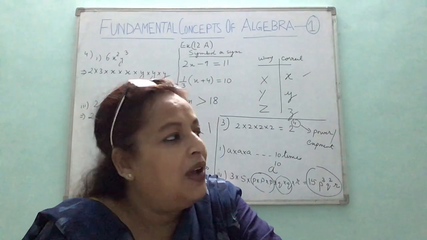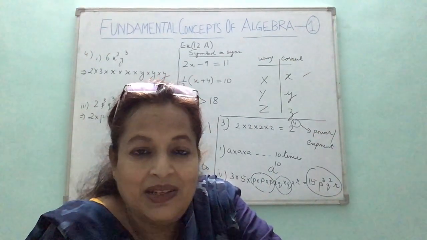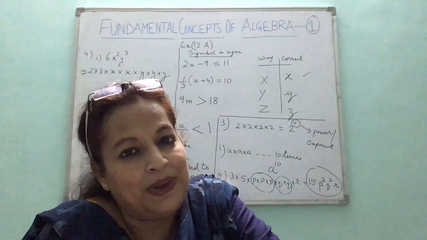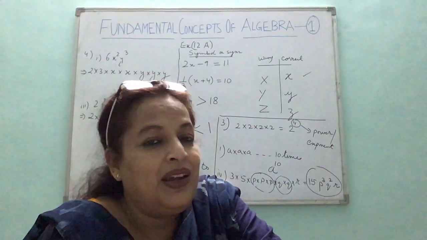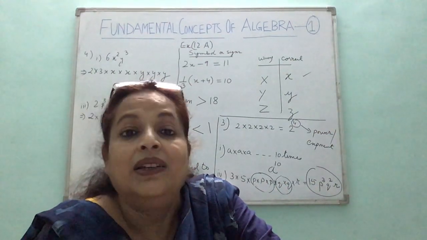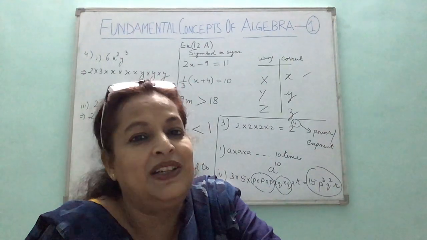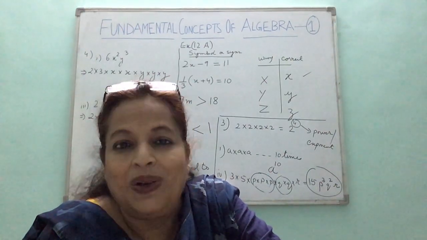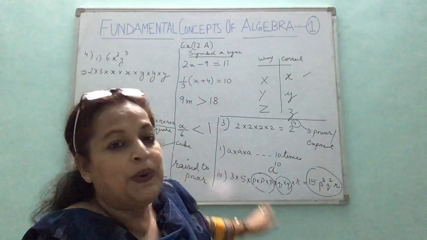Algebra. Now in algebra we took some statements and converted them into symbols. Like decreased means to subtract, increased means to add, times means multiply, quotient means divide. All that we did today. Then how to write in exponential form.